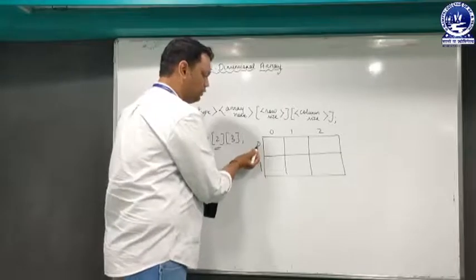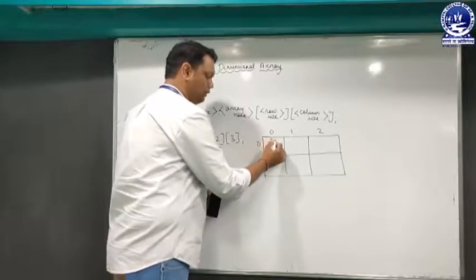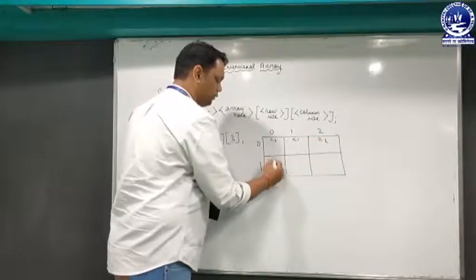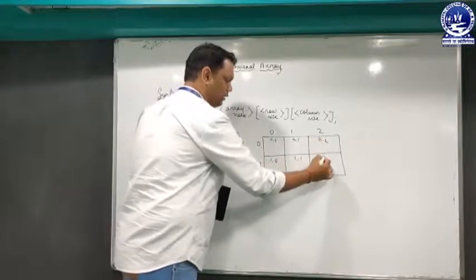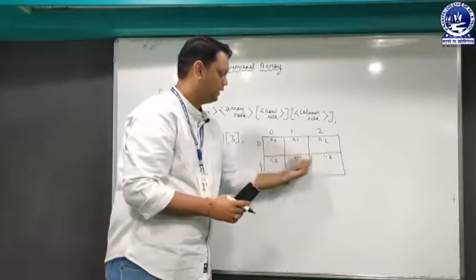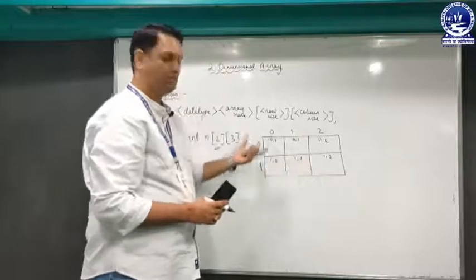So here the row value is 0 and the column value is 0. So it will have 0, 0, then 0, 1, then 0, 2. Similarly, this will become 1, 0, 1, 1 and 1, 2. In this way, we can refer to each cell or each element of the data through its index number.